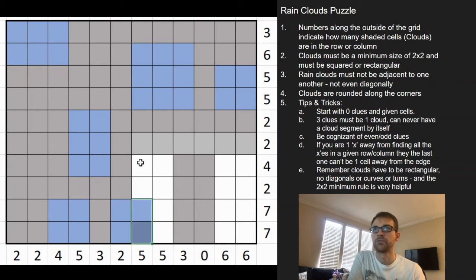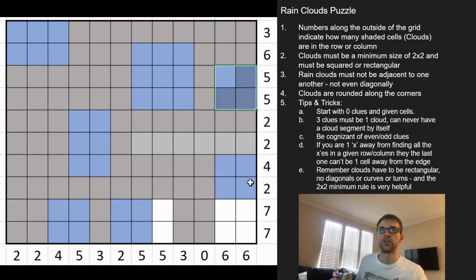We have 3 plus 2. And then we know that, like that. This 4, so these oddball ones, there's not enough space. Those have to be grayed out. So this 4 needs 2 more. And since it has to be a 2 by 2, it's got to come down 1.